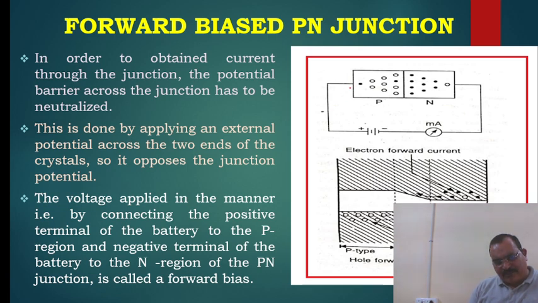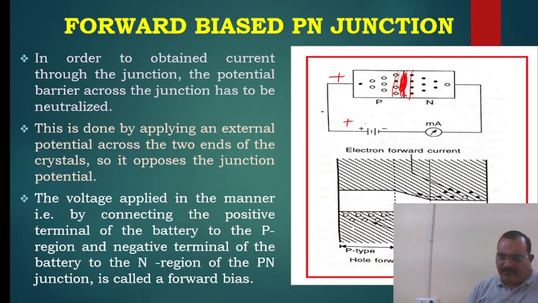This is positive, this is positive, this is positive. Obviously there is a repulsion, and if this is the starting width of your depletion, then it starts decreasing. The width of the depletion layer decreases in forward biasing.